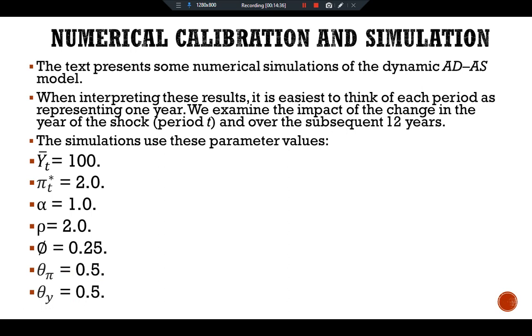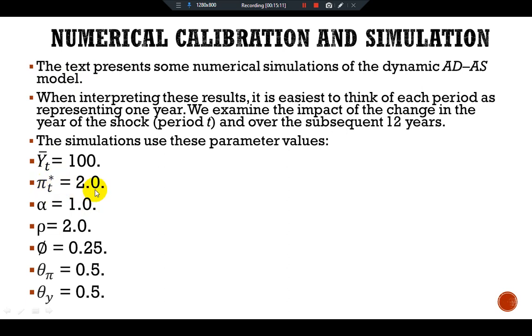Here is how to interpret these numbers, which is very important. The natural level of output Y t bar is 100. As a result of choosing this convenient number, fluctuations in Y t minus Y t bar can be viewed as a percentage deviation of output from its natural level. The central bank inflation target, that is pi t star, is 2%.